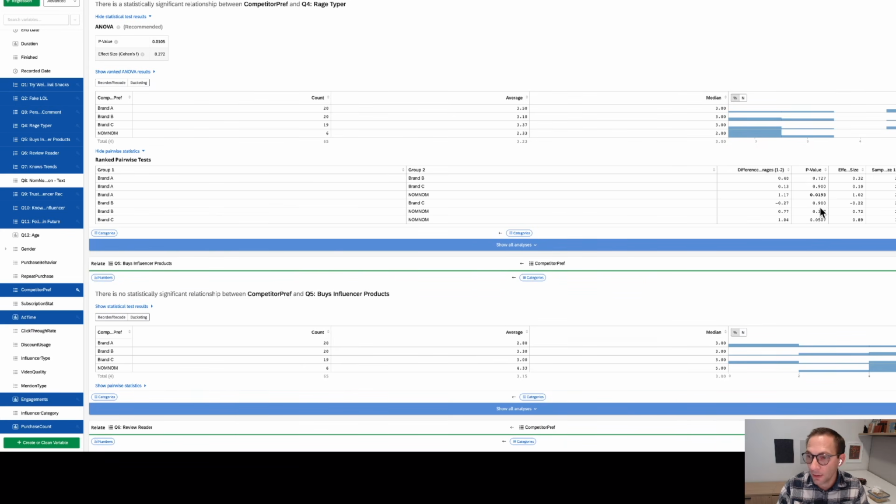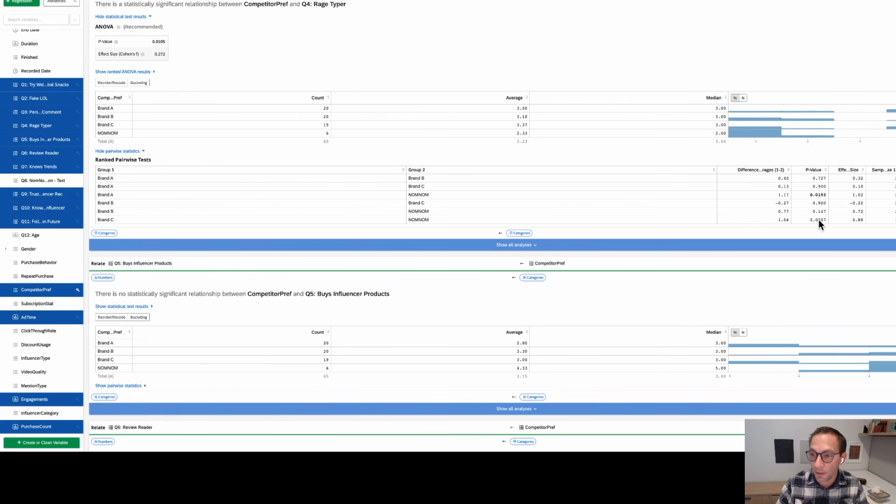Look here. It looks like my only significant p-value is right here between brand A and nom nom. So in this case, the 3.50 of brand A did significantly outperform nom nom with an average of 2.3. But just like before, there's no clear winner or loser.